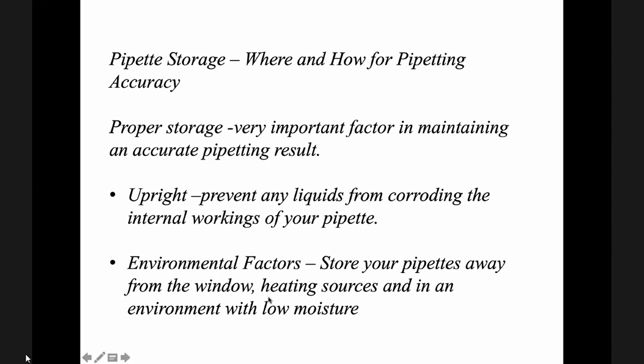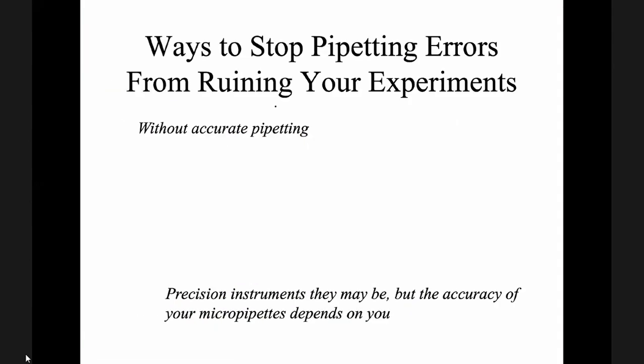And also very important is store your pipettes away from windows, heating sources, or in an environment with low moisture. So grabe no, may requirements man ang pipettes on storage condition. So ways to stop pipetting errors from ruining your experiment.